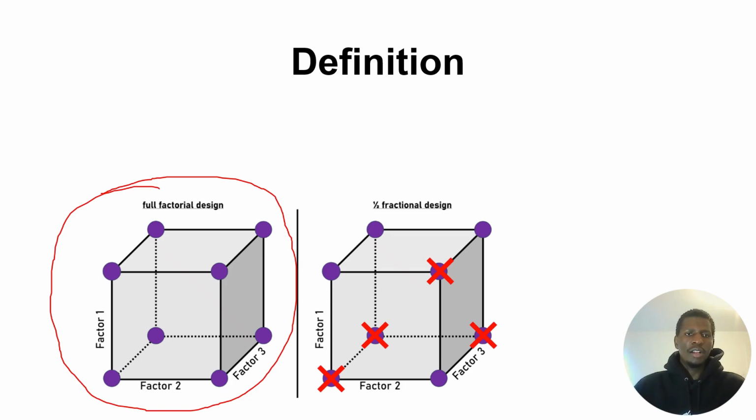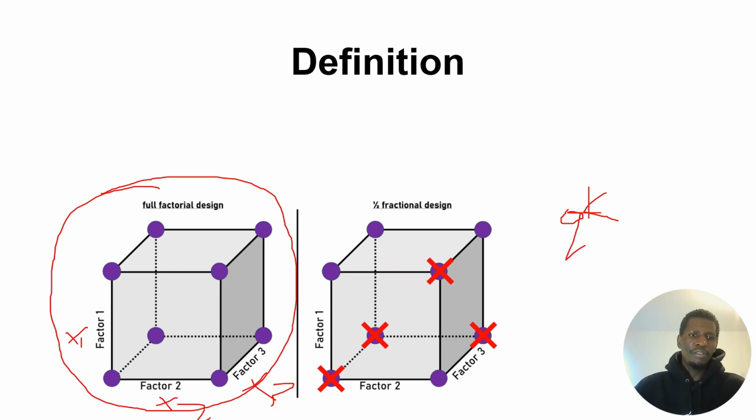This is a typical full factorial design with three factors, x1, x2, and x3. You know that in a full factorial design, the number of experiments is always defined as q raised to the power k, where q is the number of levels and k is the number of factors.